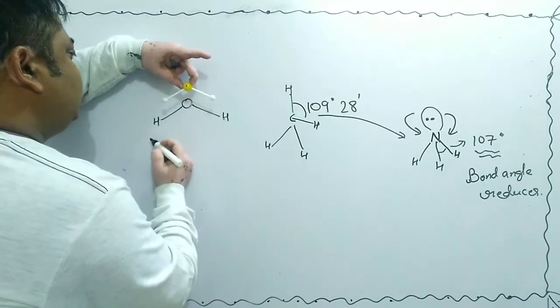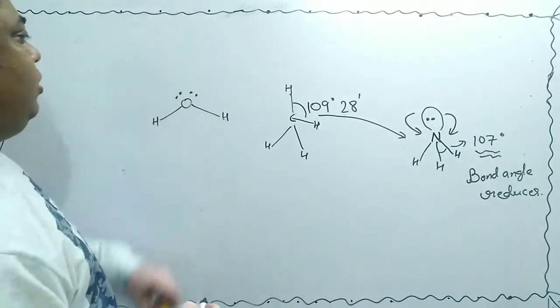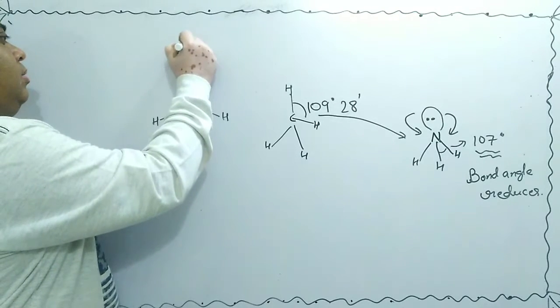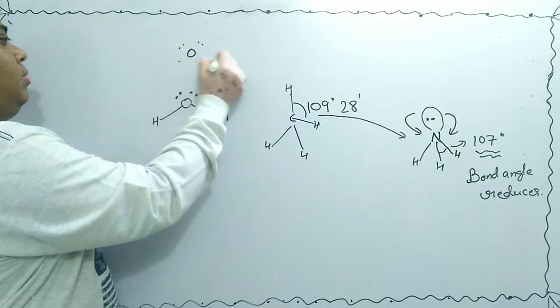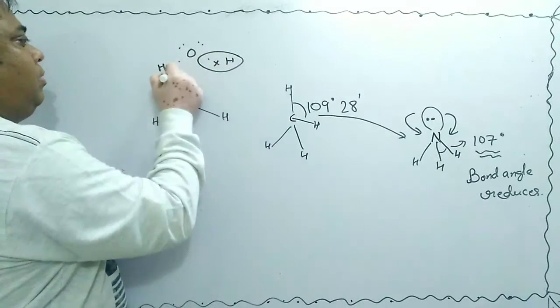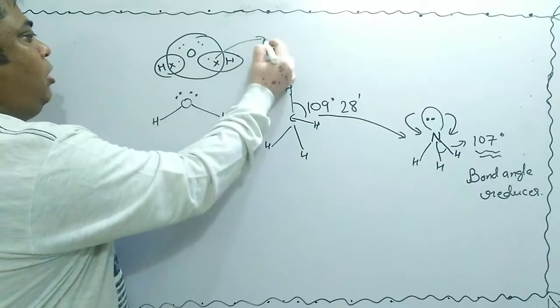How many electrons? 2. But there are 2 lone pairs also. If you write the Lewis electron dot structure, then it will not be like this. Now these are forming bond pairs.